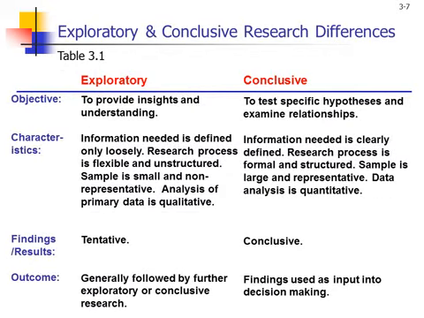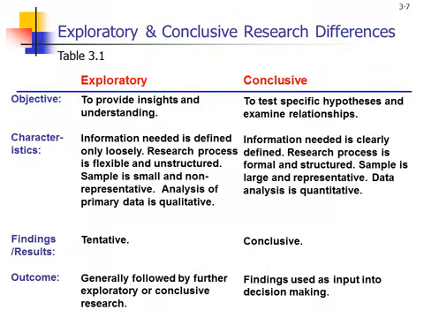In this table, there is a comparison between exploratory research and conclusive research. The difference in the objective: in exploratory research, the objective is to provide insights and understanding, but the objective of conclusive research is to test specific hypotheses and examine the relationships.